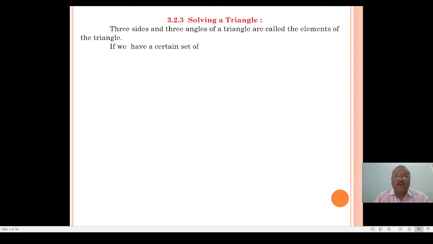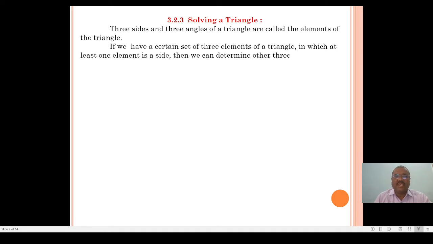If we have a certain set of three elements of a triangle in which at least one element is a side, then we can determine the other three elements of the triangle.